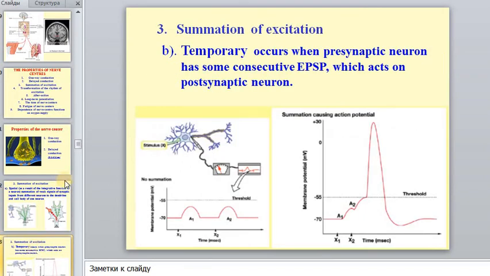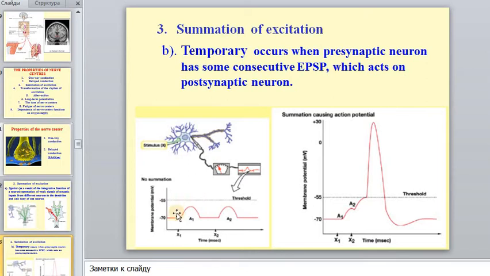The next kind of summation of excitation, temporal, occurs when the presynaptic neuron has some consecutive action potential signals which act on the postsynaptic neuron, in one neuron and one nerve fiber. In one synapse very weak signals move.